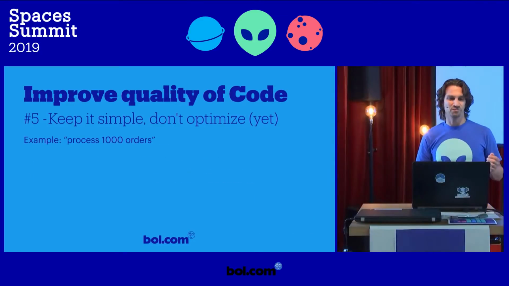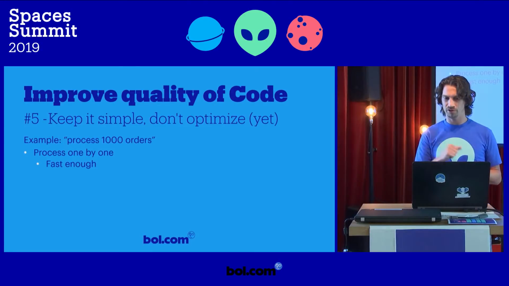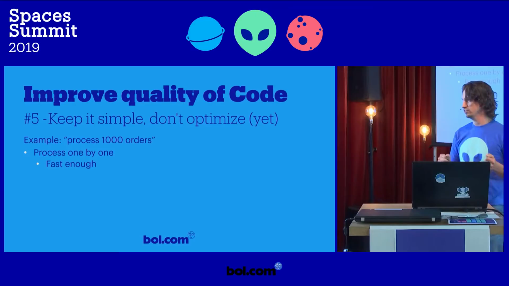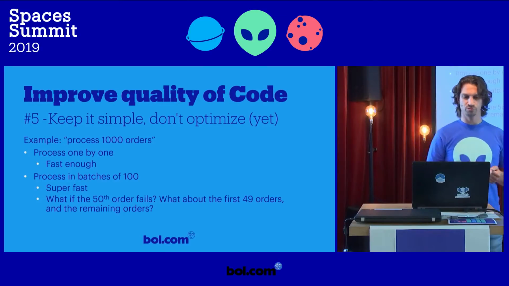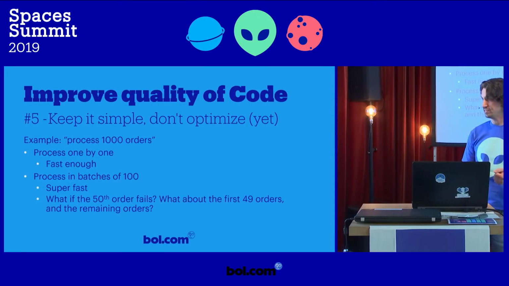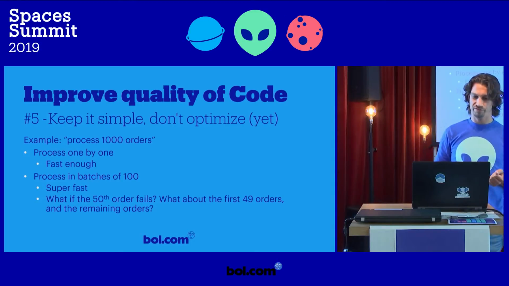So, an example. Suppose you're asked to build something to process 1,000 orders. Well, first you think, I can process them one by one, and actually it turns out that this is fast enough. But you could also argue, why don't we do them in batches of 100, because that's super fast. Okay, but what if the 50th order fails in this batch of 100?